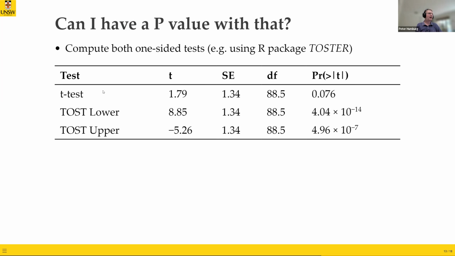The first one is our t-test that we did initially. And you'll see the p-value of 0.076 again. And then we have the tests for the lower and upper boundaries, each producing their own p-value. And you can then go and combine evidence from all of these tests into a conclusion.